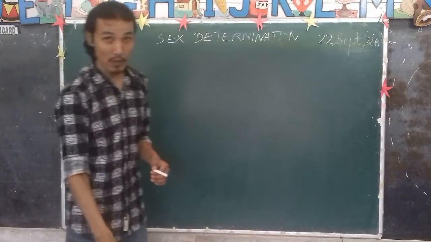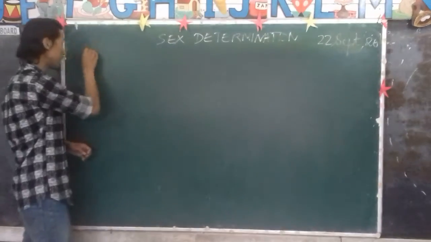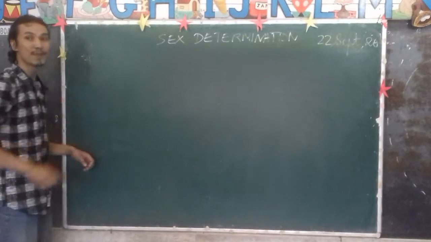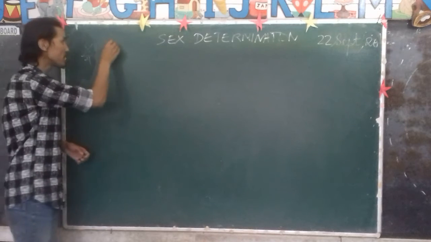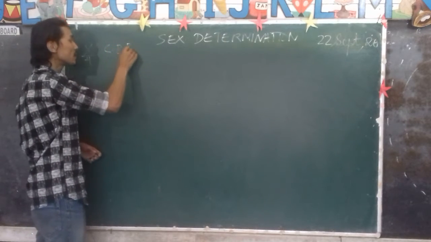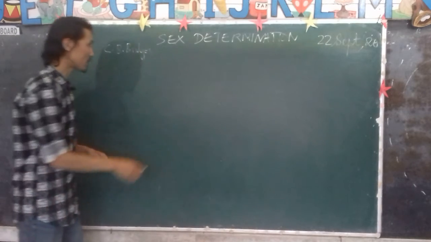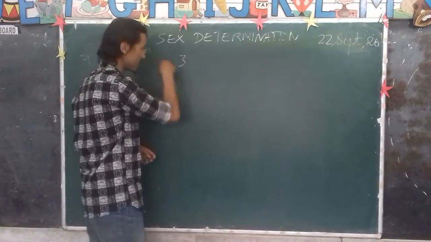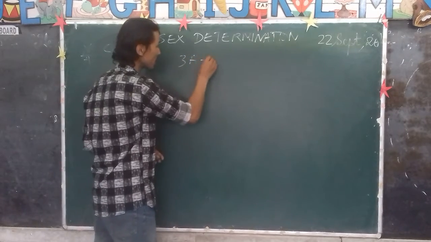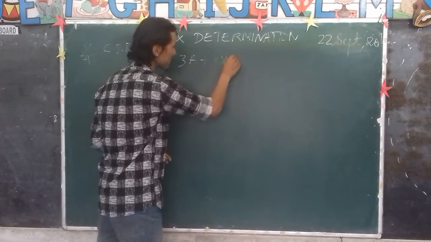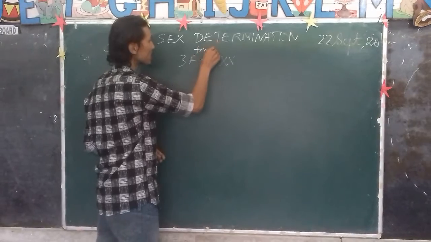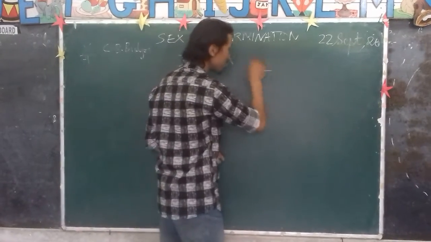So in order to understand the X by A ratio, also known as balance theory, proposed by C.B. Bridges, what he did was he crossed a triploid female with a diploid male.